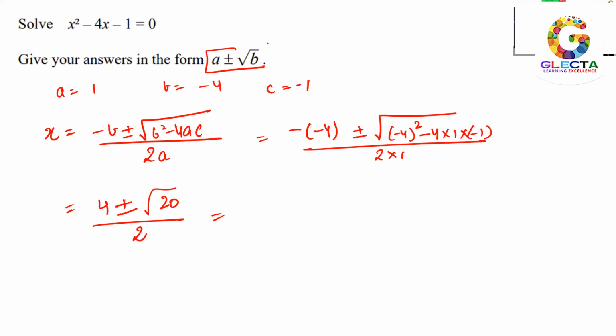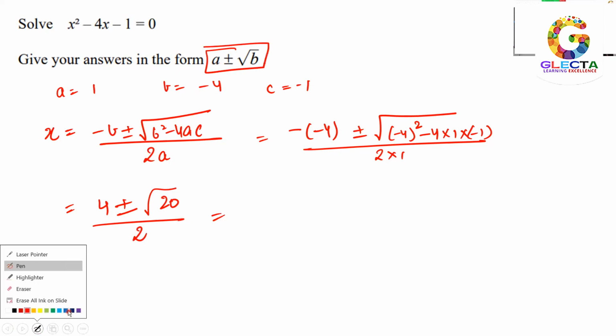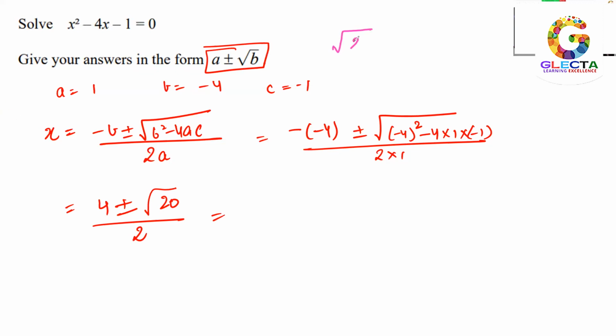Now, the question does not say that you have to give your answer in a fraction format. Always simplify your surd whenever you're giving your answer in surd form. Square root of 20, right? 20 is a multiple of 4. Whenever you have to simplify a surd, you try to write the number as a multiple of a square number.